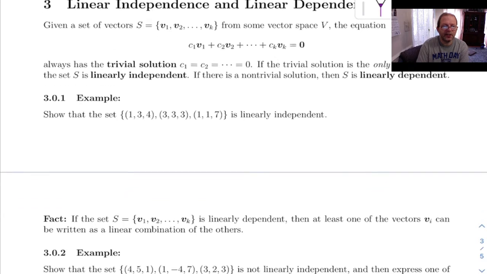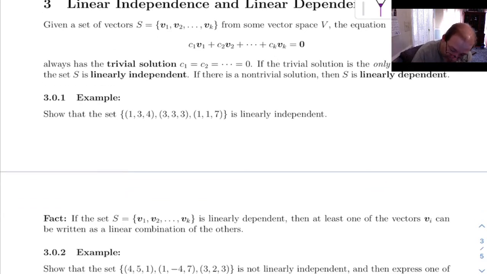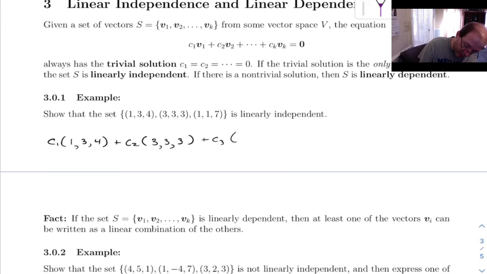Show that this set is linearly independent. All right. So let's see. I'll do this one out sort of the long way. C1 times 1, 3, 4 plus C2 times 3, 3, 3 plus C3 times 1, 1, 7.